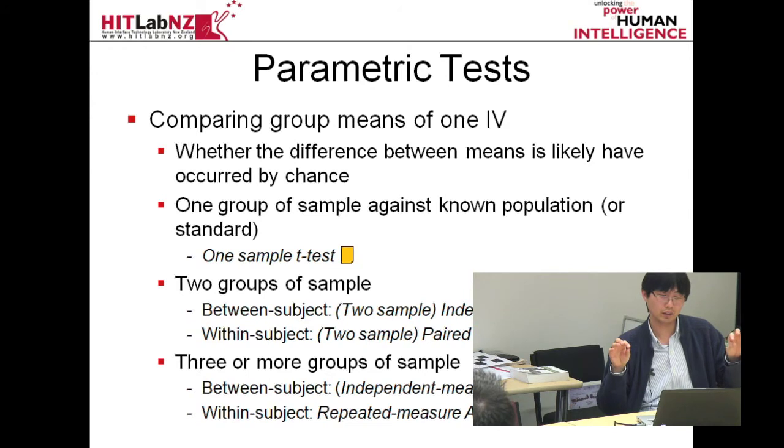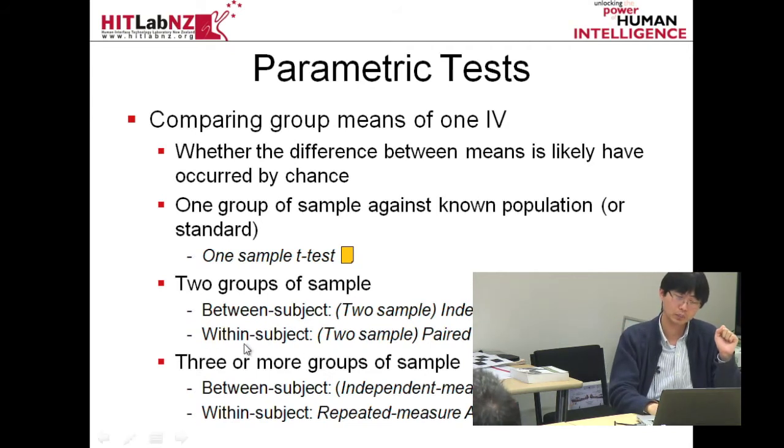So between-subject is, for example, someone is a novice and someone is an expert, and each subject falls into only one condition. On the other hand, within-subject is if you had interfaces A and B, and the participants tried both of them and rated both of them or did the test using both of them, that's within-subject design.